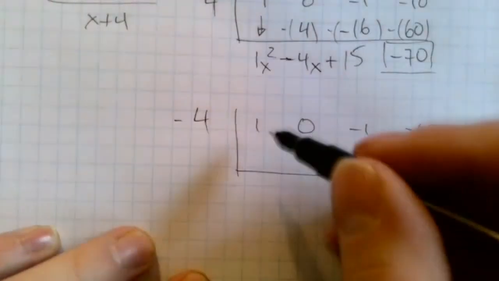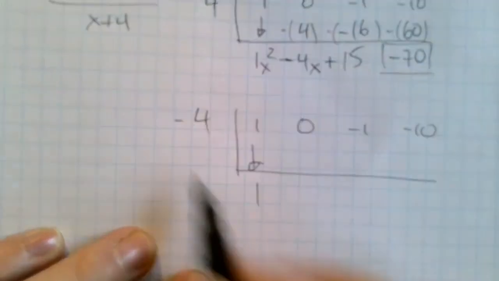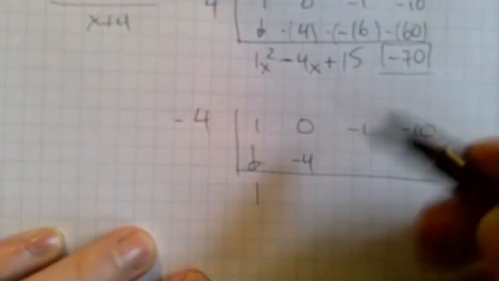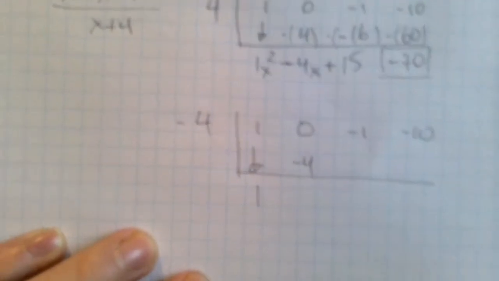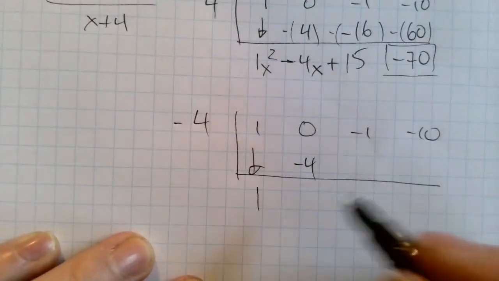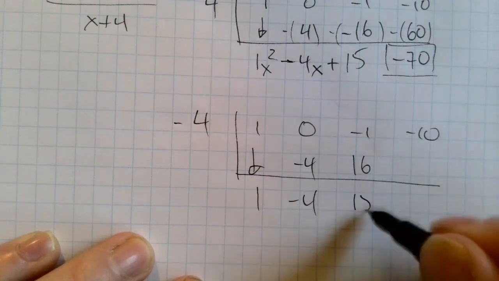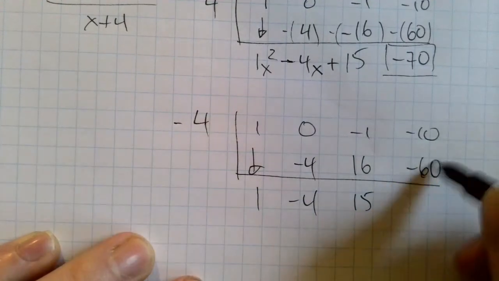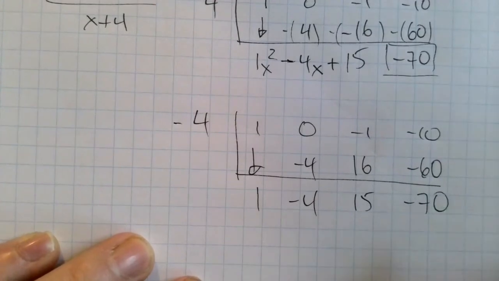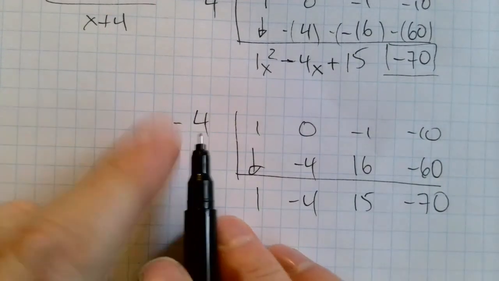So just watch what happens. I bring down the 1 just like I did before, and now I multiply and add. Okay? And 0 plus negative 4 is going to be negative 4. Multiply, positive 16, add, and I get 15. Multiply, get negative 60, add, and I get negative 70. Okay, so basically I'm forcing the subtraction to go here.